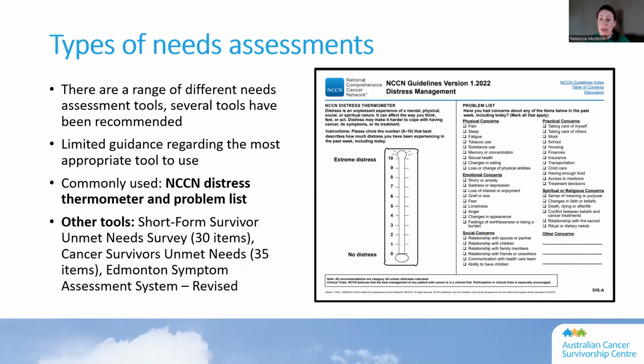This is available for patients and carers to complete at any time via the We Can website. Any needs assessment tool should be accompanied by a patient conversation during which concerns can be elicited and clarified. Screening is only the first step in the process. It's what we do with the information we're given afterwards that's most important.